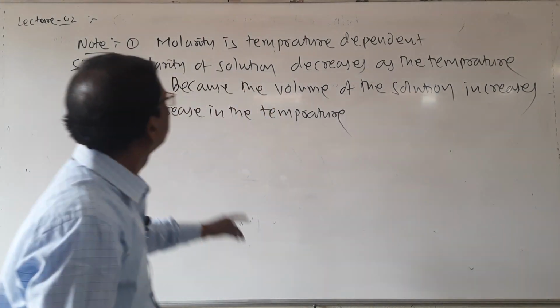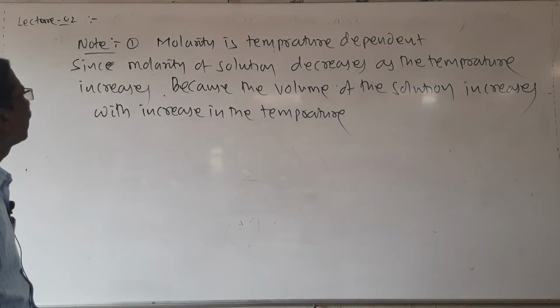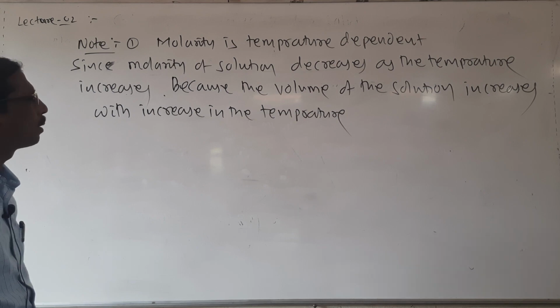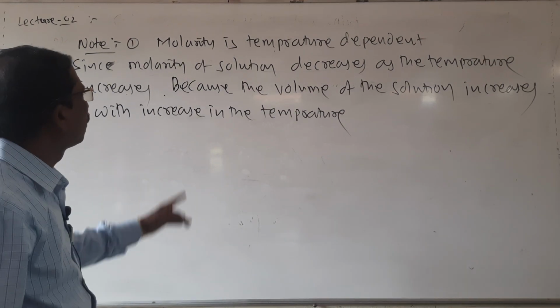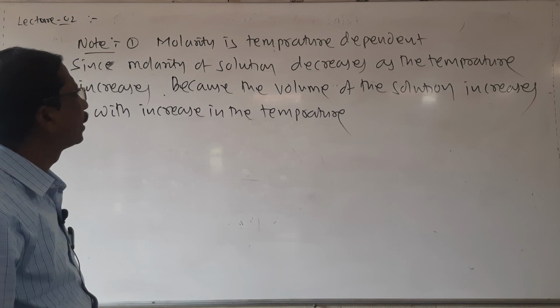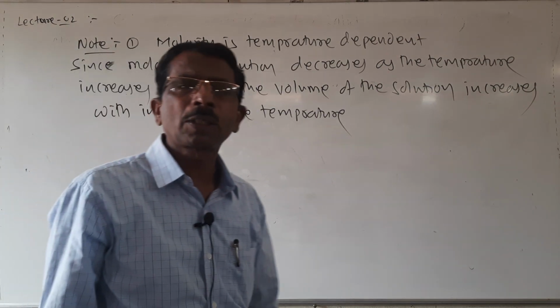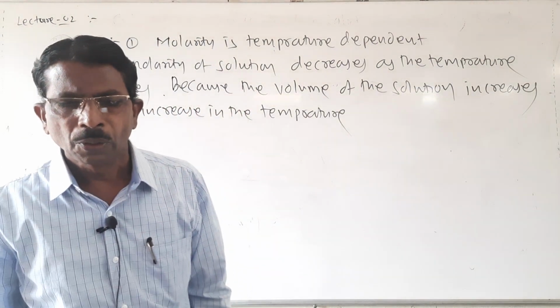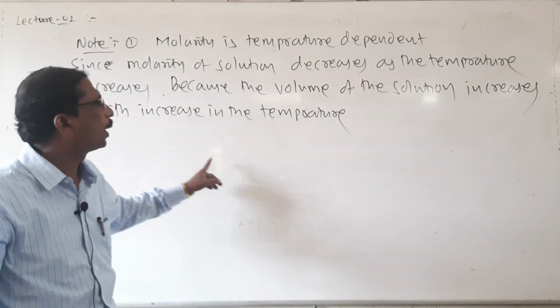Remember this one, molarity is temperature dependent, since molarity decreases as the temperature increases, because the volume of the solution increases. As the volume increases, the molarity decreases. So this is one of the important points here.